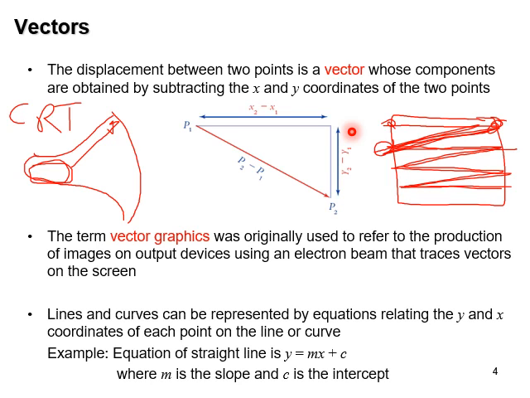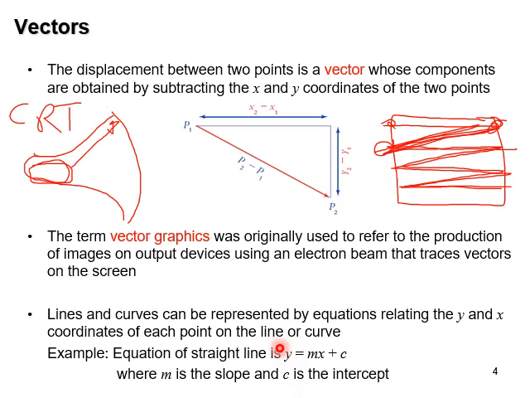Okay. Now the thing about vector graphics is that we make use of the idea that lines and curves can be represented by equations relating the y and x coordinates of each point on the line or curve. So for example, the equation of a straight line is given by y equals mx plus c, as we know, where m is the slope of the line and c is the intercept.